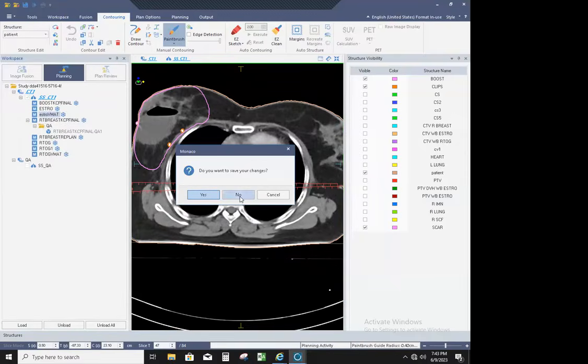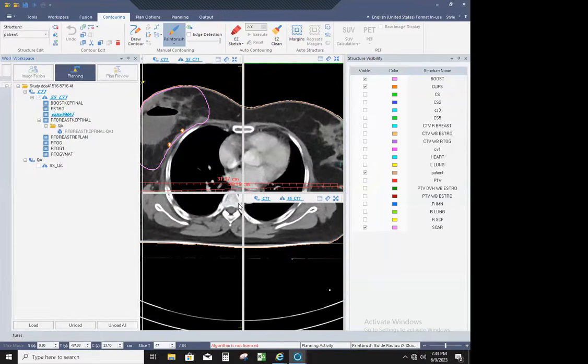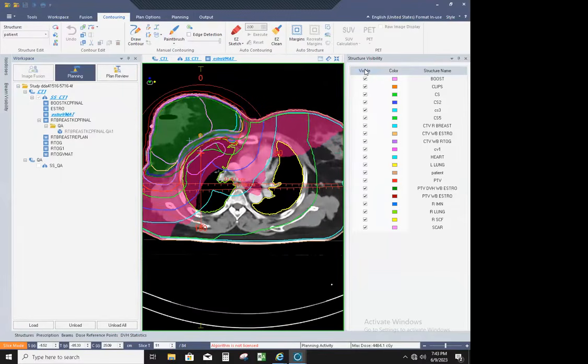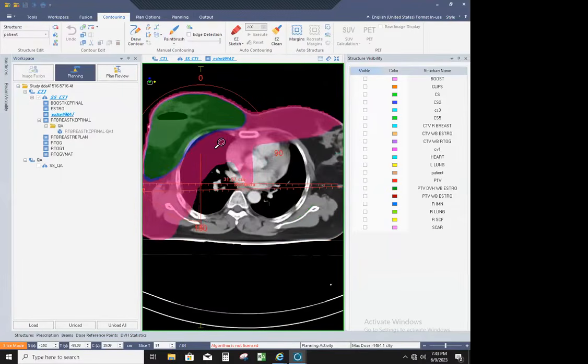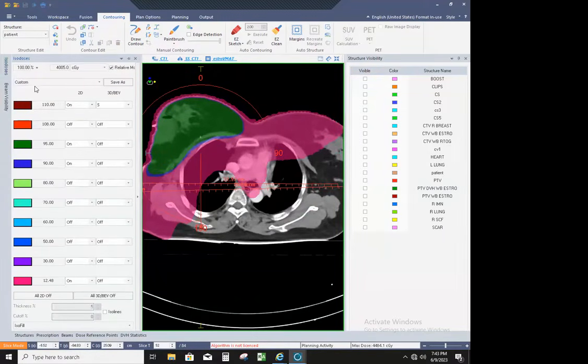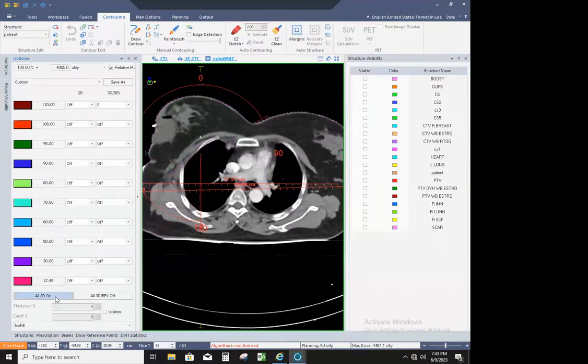I will show on the planning. So this is the planning. Till today, I feel breast 2D planning is the best.